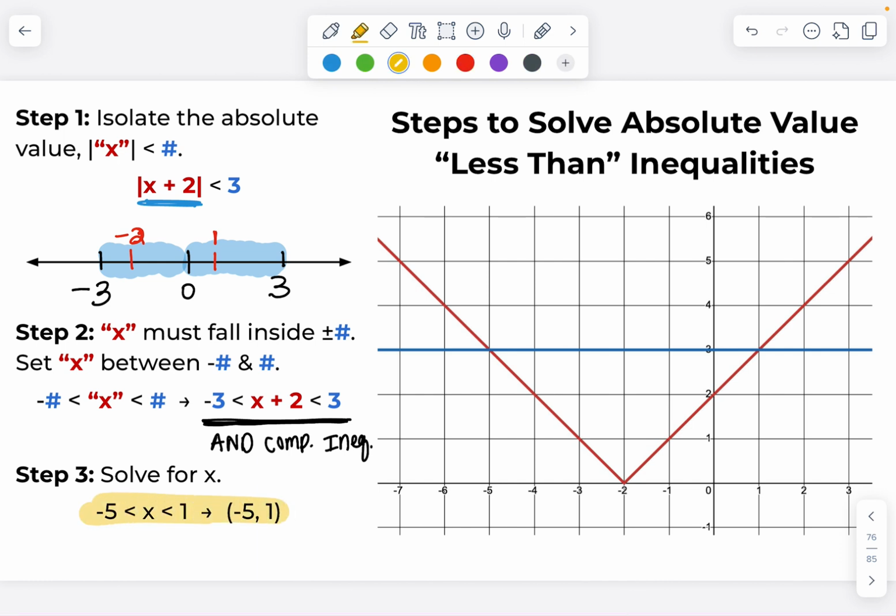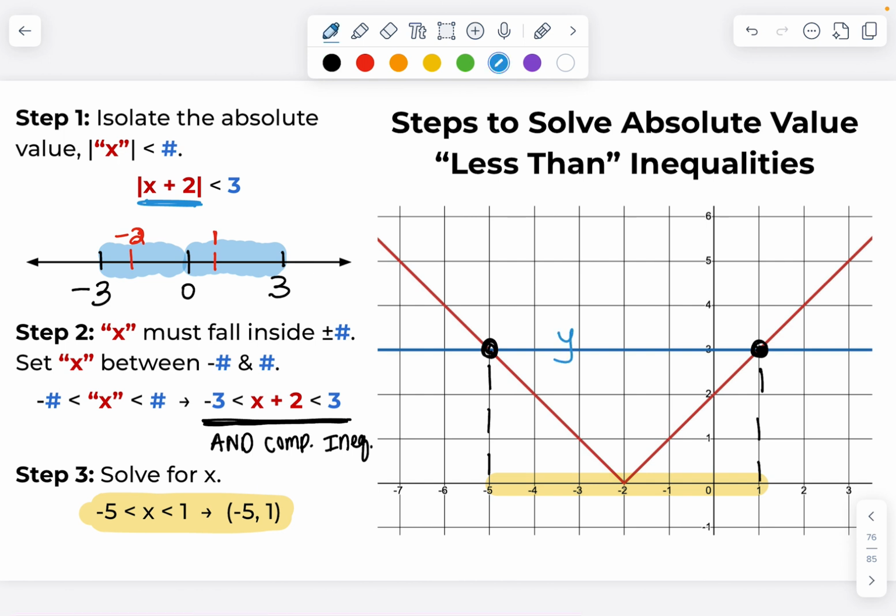So when I subtract 2 from both negative 3 and 3, I get x is between negative 5 and 1. And notice, if I look on my number line, between negative 5 and 1, those are the values. Here is negative 5. Here is 1. Those are the values where my function is less than that y value at 3.